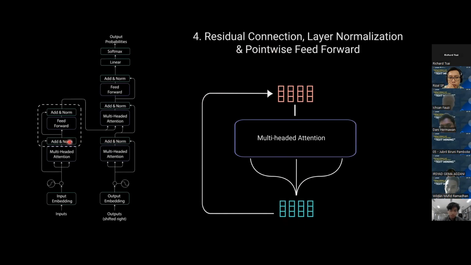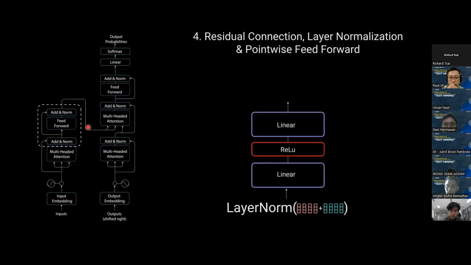So we can see that we are now here. Next, we apply layer normalization to the combined result, that is the original input and the output.